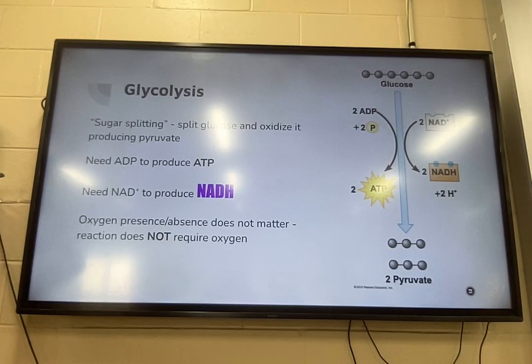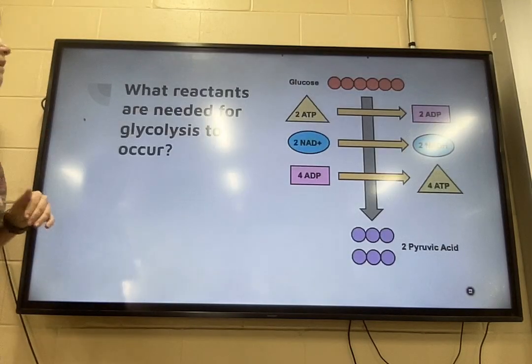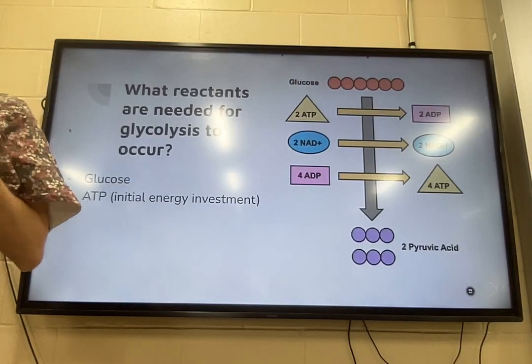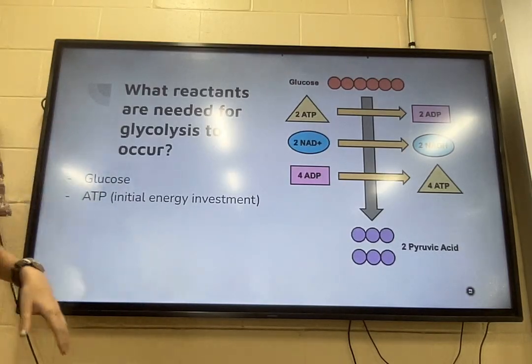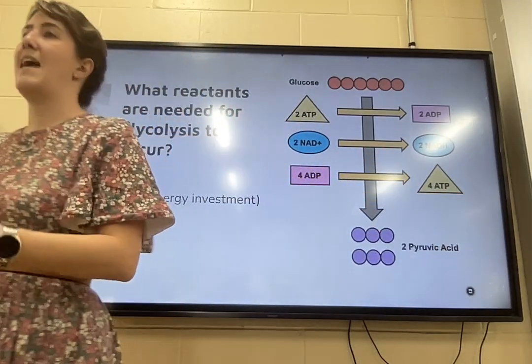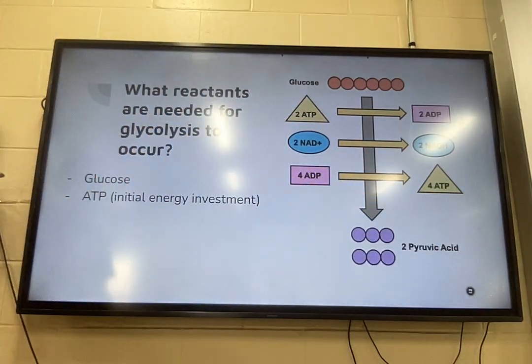All right, so we need ADP and some phosphate. We need NAD+. What we don't care about at this point is oxygen. We do not care if it is present or absent. Okay, so the reactants that we need in order for glycolysis to occur, we need glucose. We need an initial energy investment, which wasn't represented on the previous slide, because often we just kind of say, well, it makes 2 ATP. Realistically, we spend 2 ATP to make 4 ATP, so it is a net gain of 2 ATP.